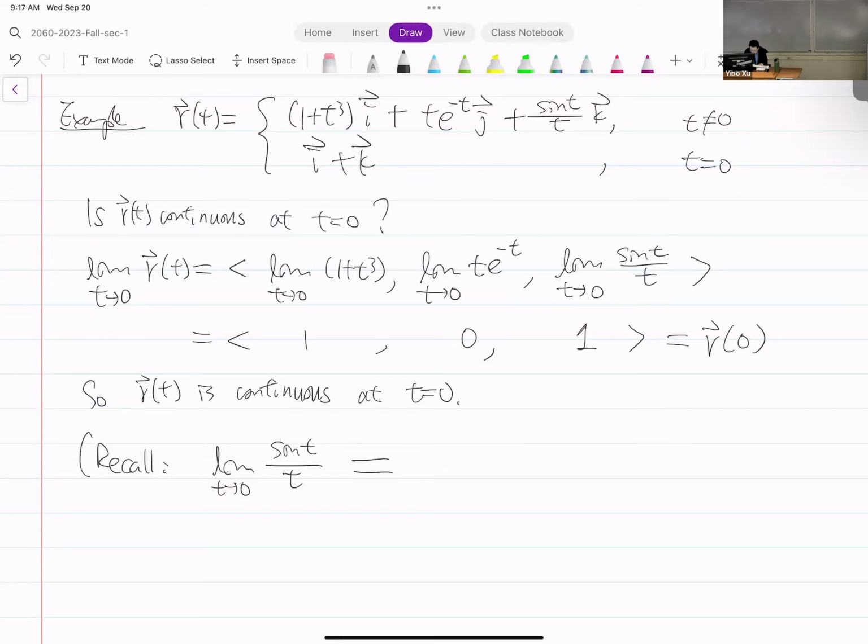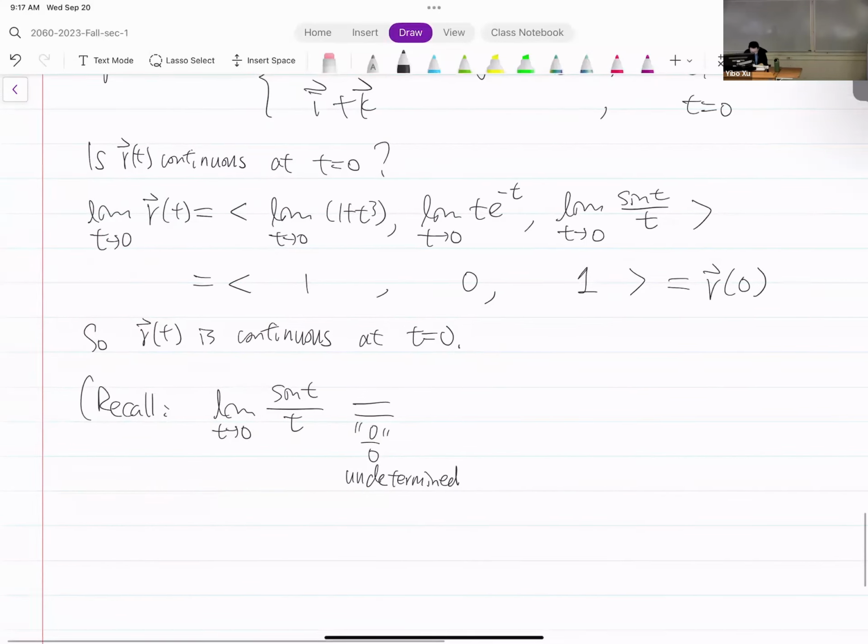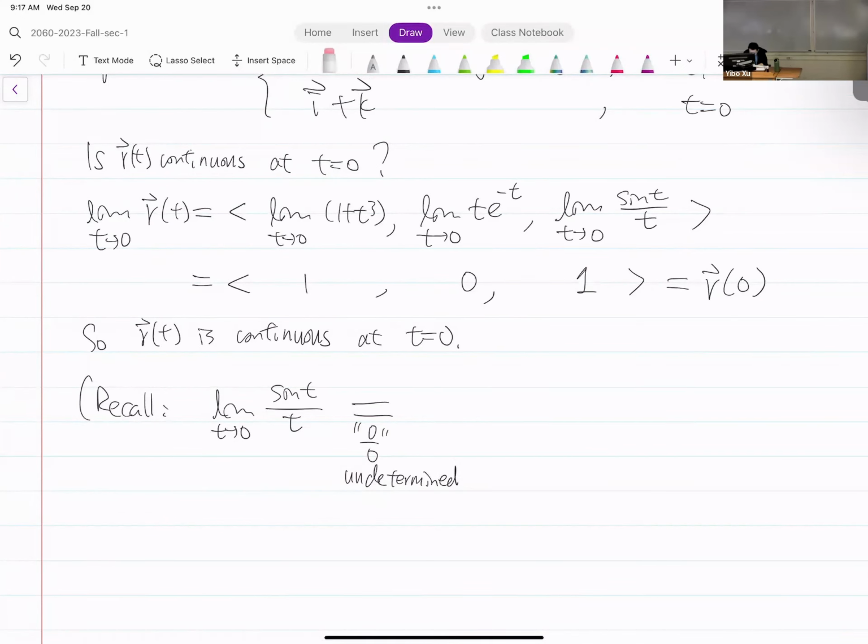And the denominator is also 0. So it's the 0 over 0 type, which is indeterminate. This is something you should have in your mind. So when you have a 0 over 0 type, what do you do? You apply L'Hopital's rule, basically take the derivative of the top and bottom, so that the resulting limit will still stay the same value.